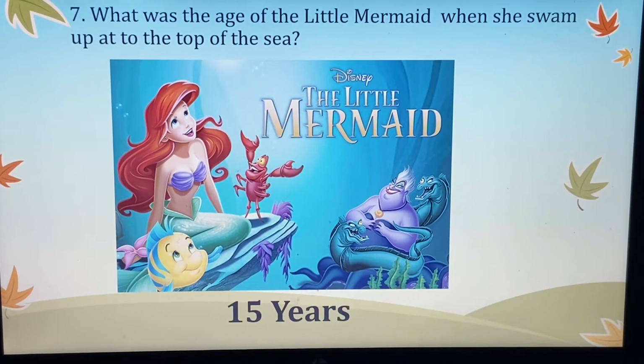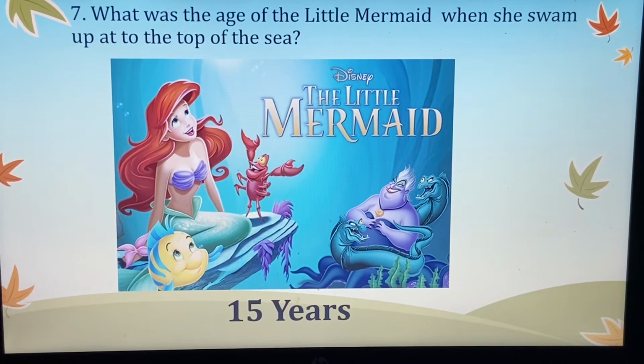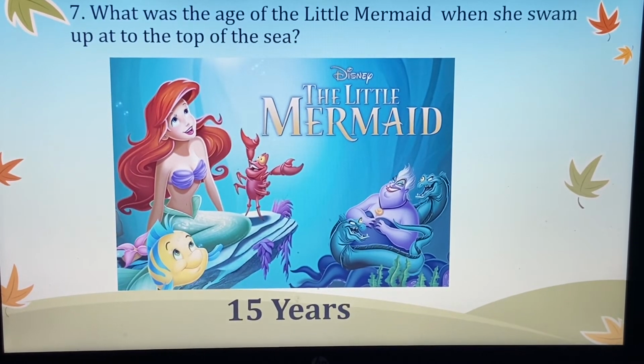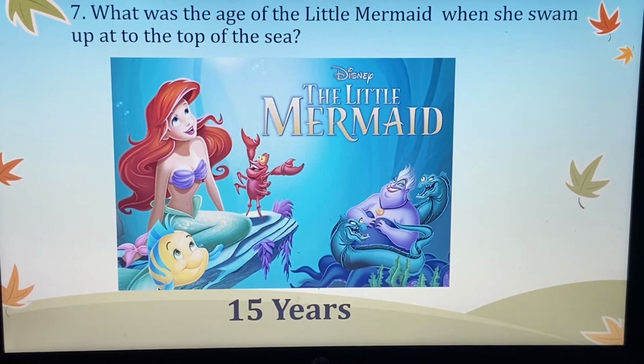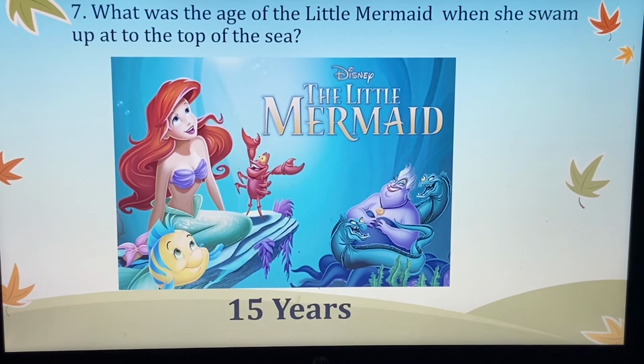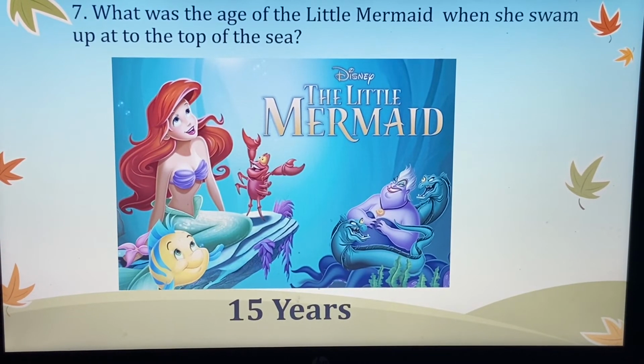So what was her age? Her age was 15 years. She was 15 years old when she swam up to the top of the sea for the first time. Very good. You all are very smart. Let's move further.